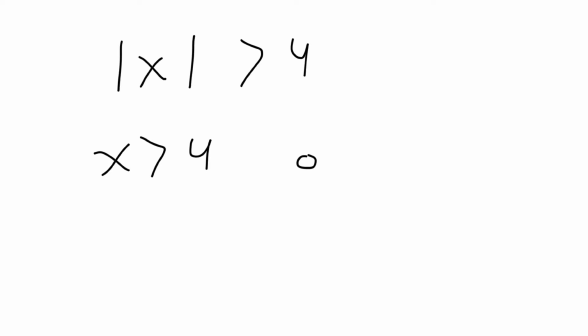An example for this. If I give you the absolute value of x is bigger than 4, you tell me what? x is bigger than 4, or x is smaller than minus 4. Okay? Now look at our questions.